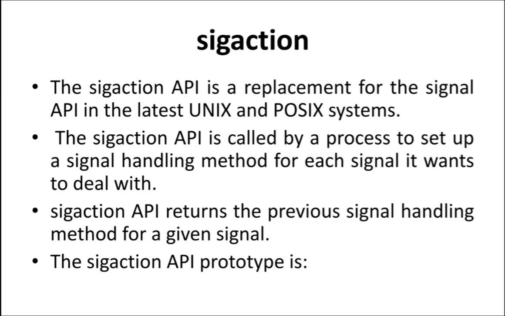Or else it can take a default action, or it can call a user defined method. Getting, guys? So this is the signal handling method. Signal handling means a process should take action for every signal. Either it should activate the default action, or it should ignore the signal, or it should call the user defined methods. Getting, guys?